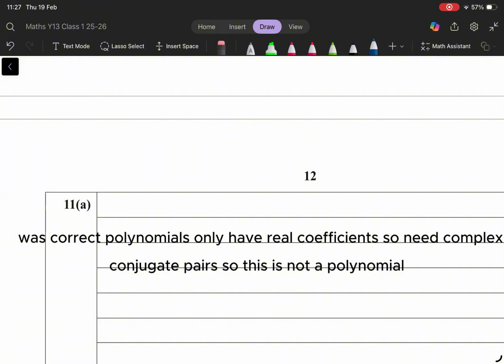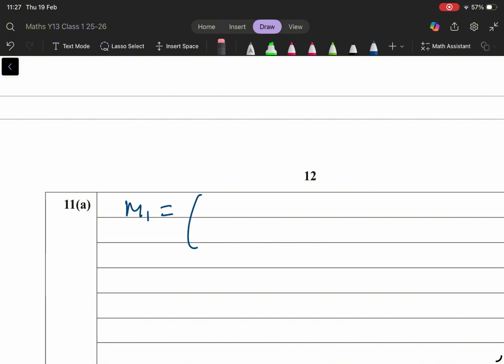So 11a, specify fully the transformations represented by the following matrices. So we have M1 equals that, I'm not going to write it down, and then M2 is that. I feel like M1 is definitely going to be a rotation.